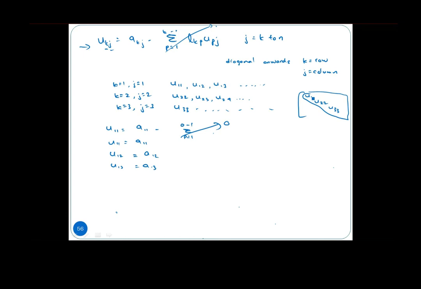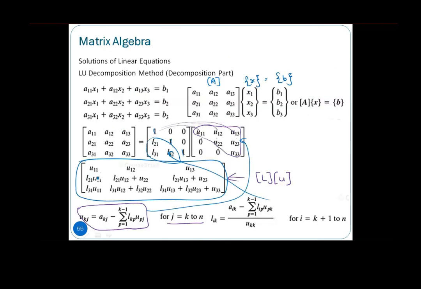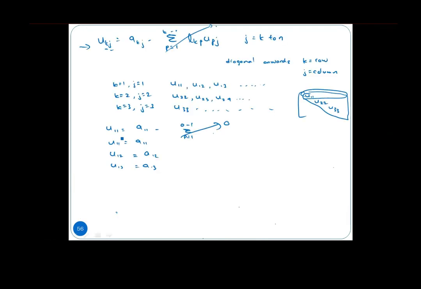What it means here is that the first row of your upper triangular matrix is actually equal to the first row of A. So U11, U12, U13 is equivalent to this.